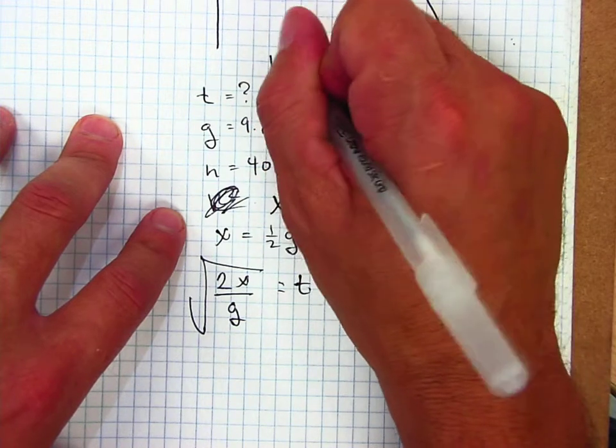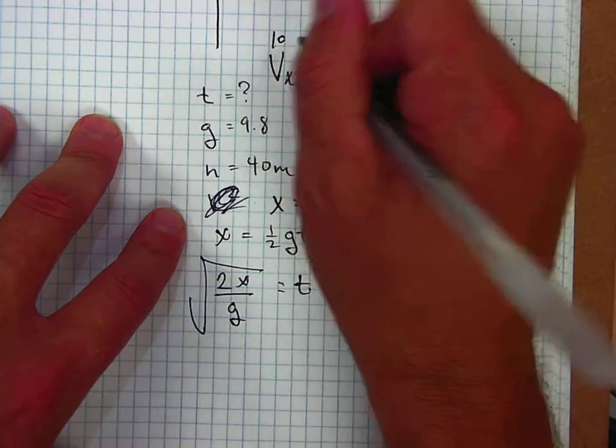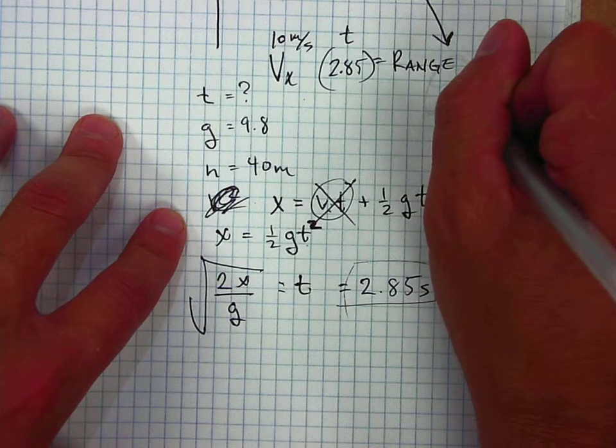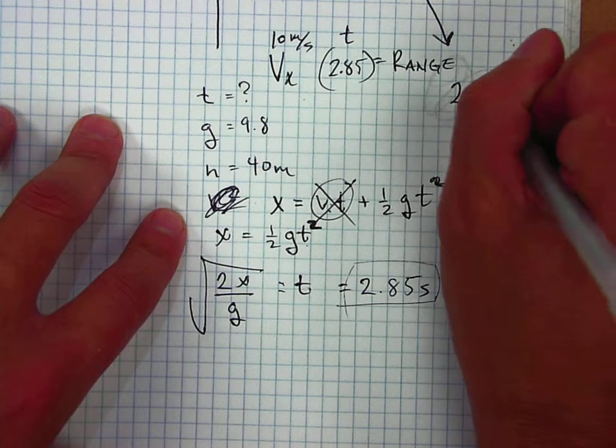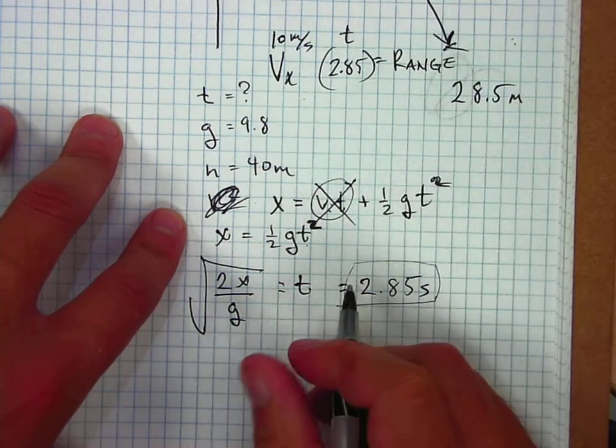And then our velocity along the x, which is 10 meters per second. So it's going to go 28.5 meters away from the base.